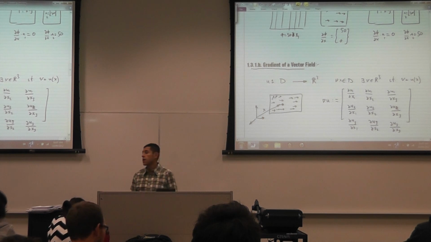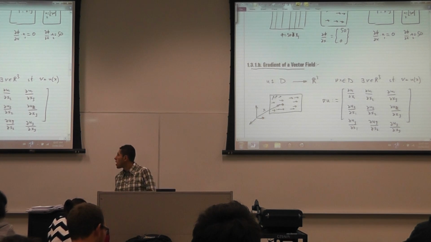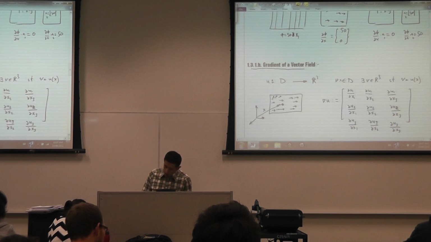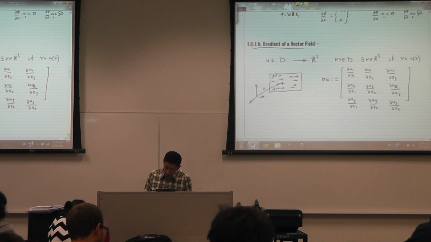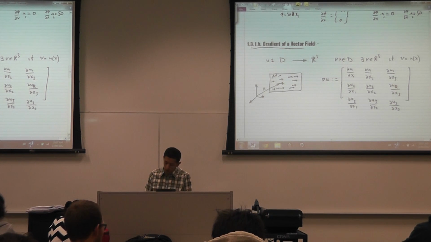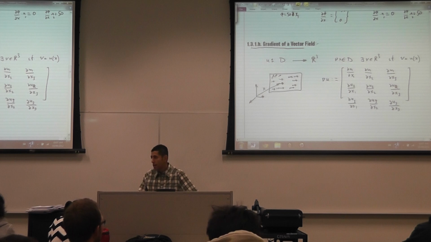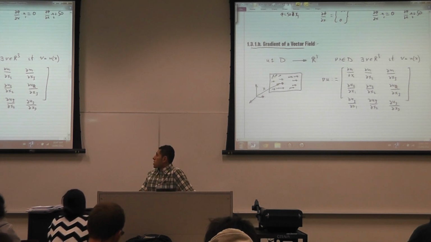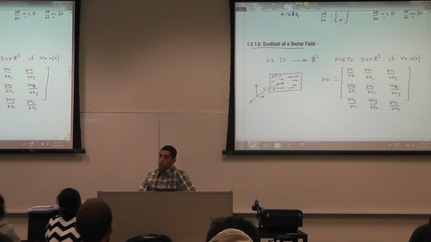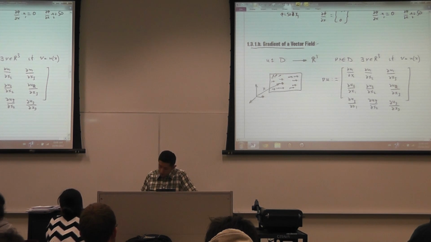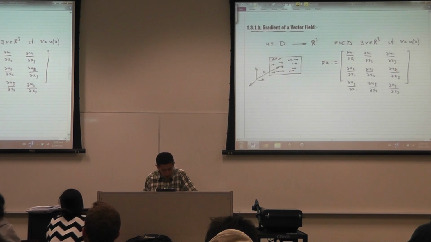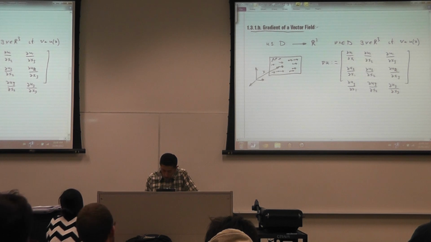It's a matrix. As we will see later, it gives me something about what is happening at this point. And we will use this gradient. Once I know the displacement, the gradient of the displacement tells me something about the strain, as I will explain in a second.